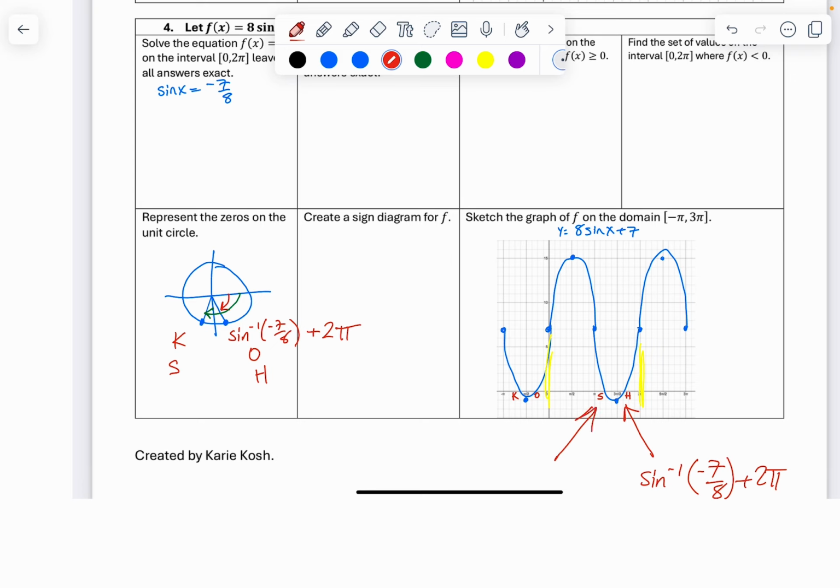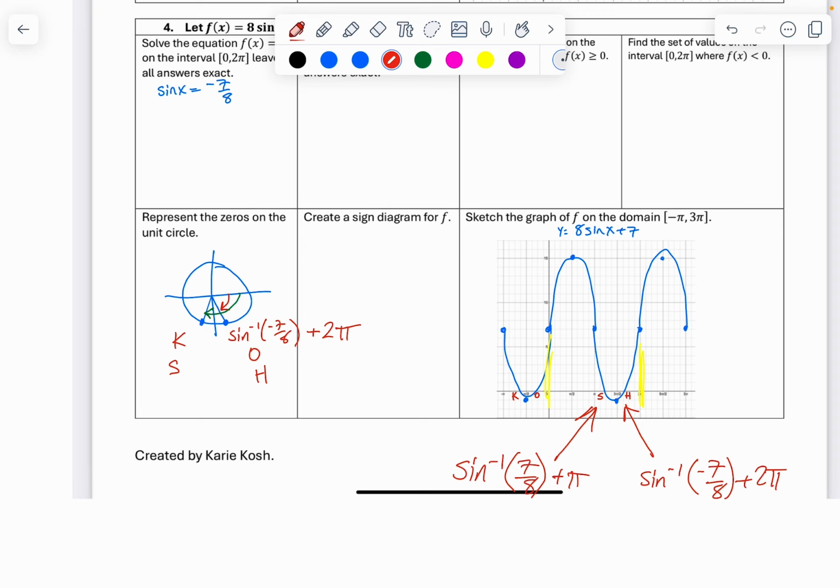Point S, however, one way to get to that quadrant would be to start in quadrant 1 with a positive 7/8 and then add pi. So point S can be described as inverse sine of positive 7/8 plus pi. It's not the only way to name it, but it's one way.